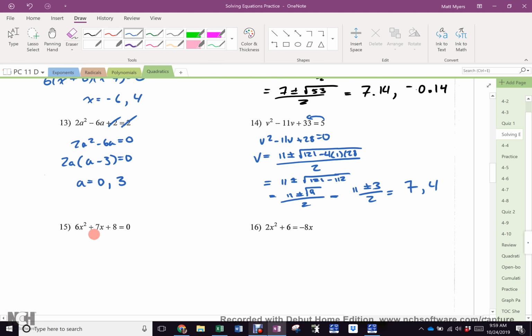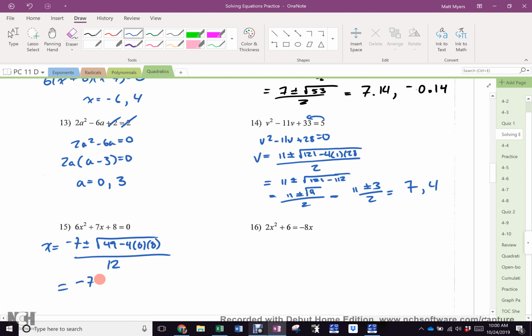This one is, if it was going to factor, it would multiply to 48 and add to 7, but it's all positive, so nothing works there. So this is a quadratic formula situation. X equals negative 7 plus or minus the root of 49 minus 4 times 6 times 8, over 12.